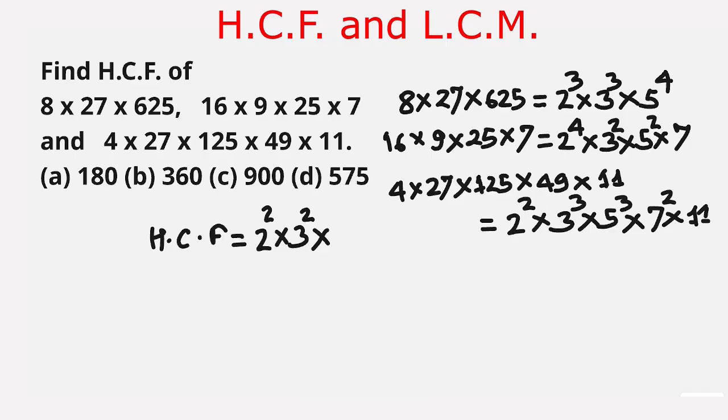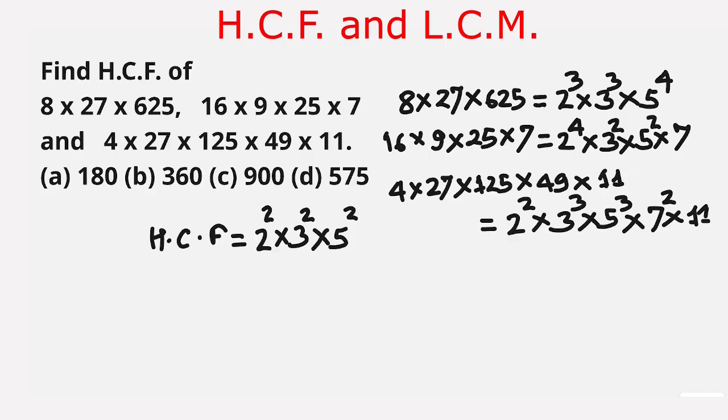So we write 5 to the power 2. 7 is only in the second and third number as a factor, and 7 is not in the first number, so we cannot take this as a common factor of all the three. Similarly, 11 is only in the third number and it is not in the second and first number, so we cannot take 11 as the common factor of the given numbers.